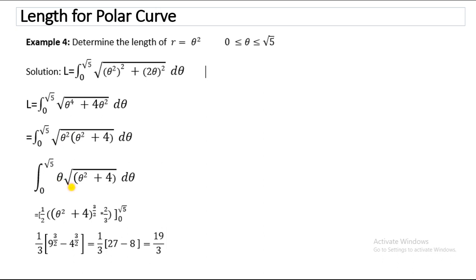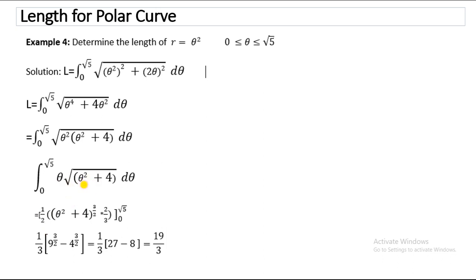Theta exists but 2 does not exist. Therefore I multiply by half, because I need the derivative too.